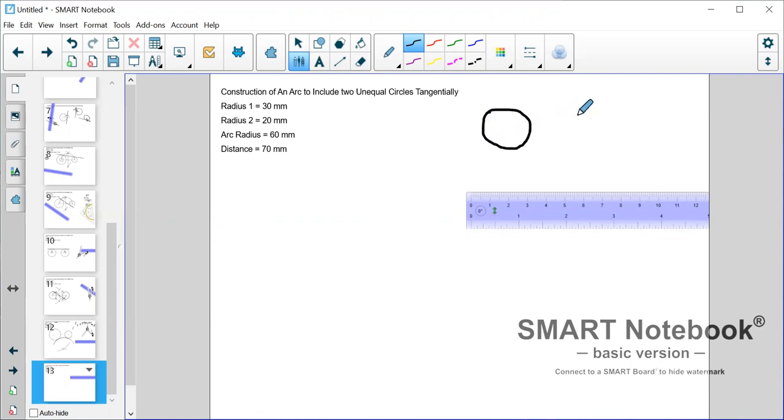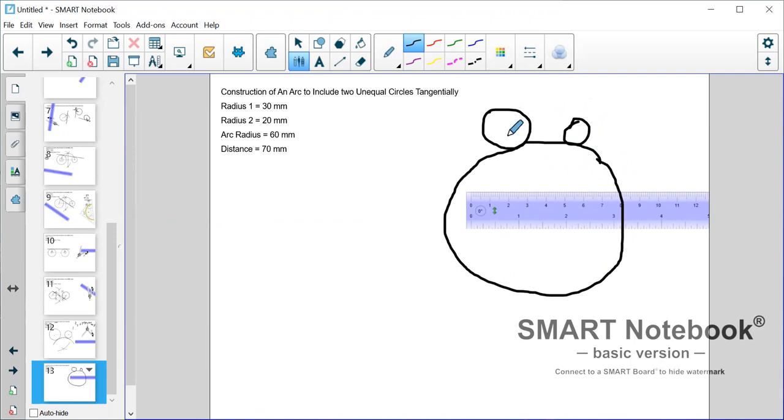It means that the two circles were on the outside of this arc, right? As we discussed, the arc is just a portion of the circumference of a circle. So if we were to complete the entire circle, the circles that you're given here, R1 and R2, will be on the outside of that arc, and by extension, the circle.